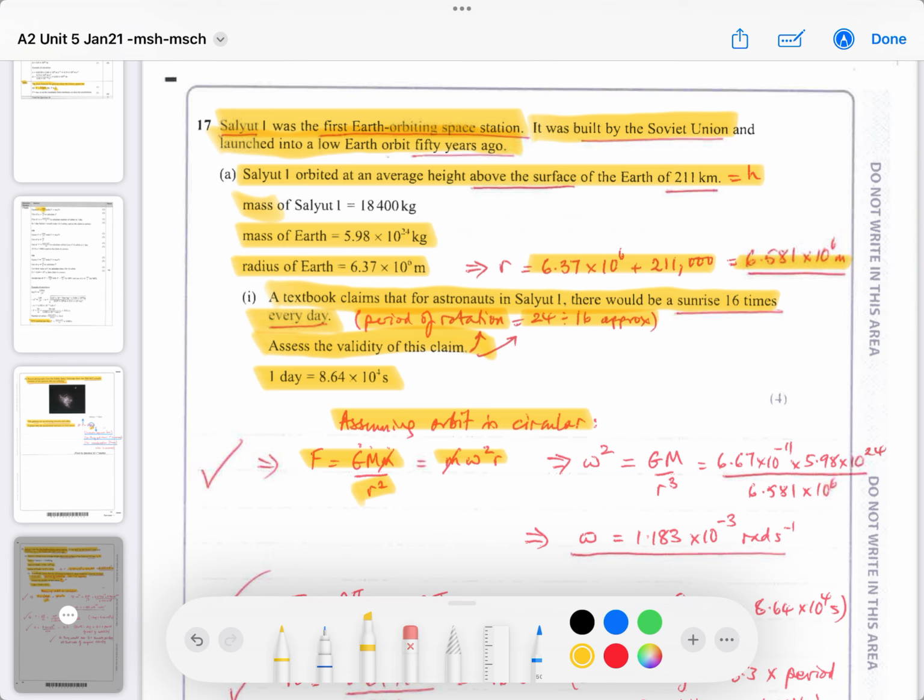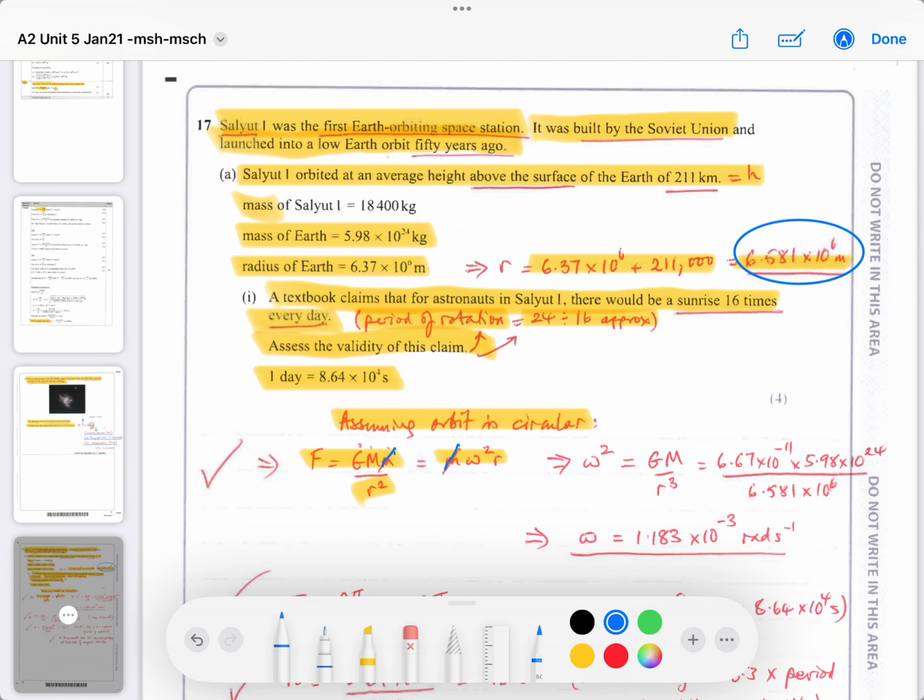So what do we know in this case? We know that these two force equations can be equated. The masses cancel, as I've shown. This mass cancels this. You don't even need the mass of the satellite. We know the r, there's r.